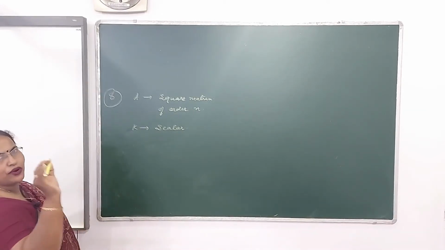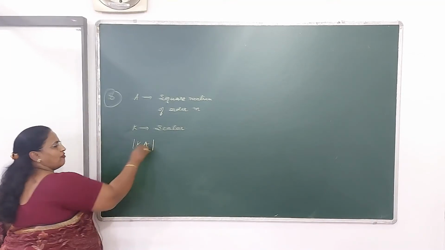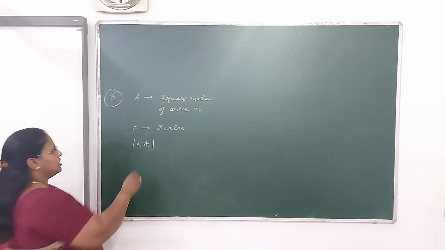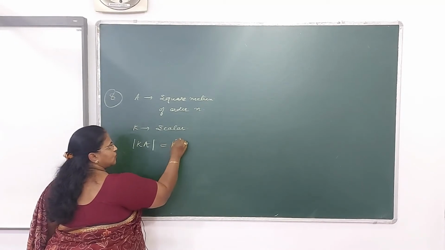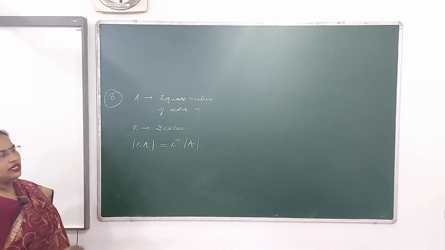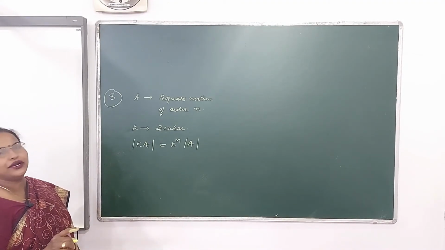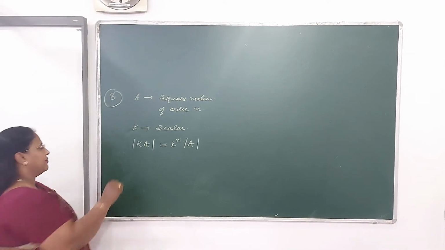Then the determinant of kA will be equal to k raised to n into the determinant of A.